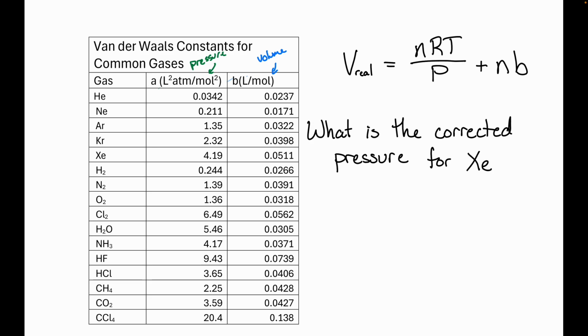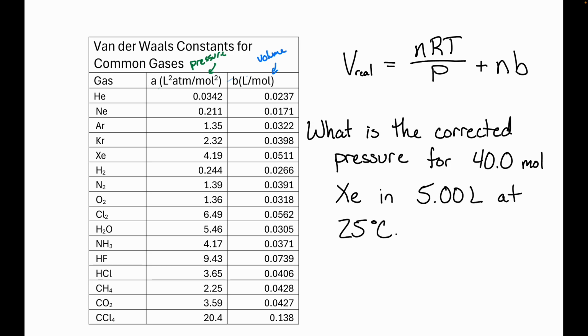For 1 mole of, no, not 1. We're going to make it 40 moles of xenon, and 5 liters at 25 degrees Celsius. All right, if we want the pressure, we're going to use our pressure correction.